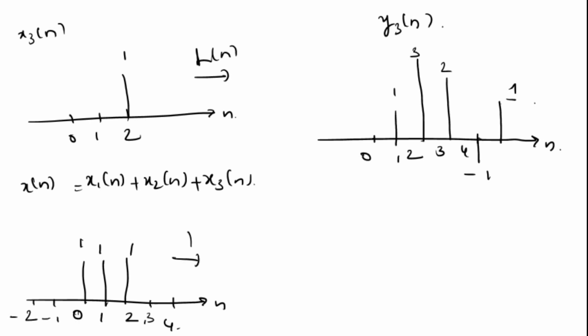That should be multiplied with h of n. We'll get y of n as, combining all the output signals, y1 of n plus y2 of n plus y3 of n.